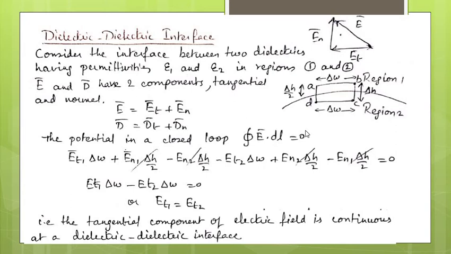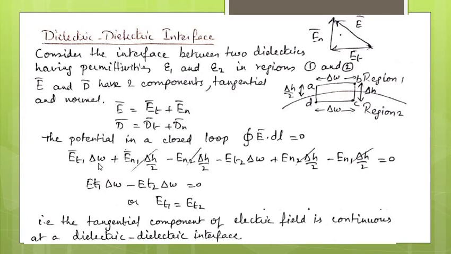So we'll use this equation here. Closed loop integral E dot dl is equal to 0. So we'll start from A to B. So between A to B, it is the tangential component of electric field. So we denote it as ET1. 1 indicates that it is medium 1.